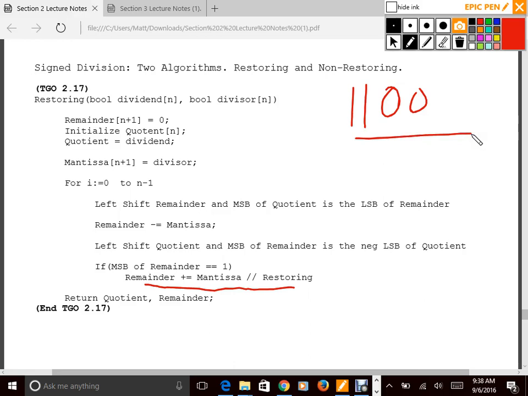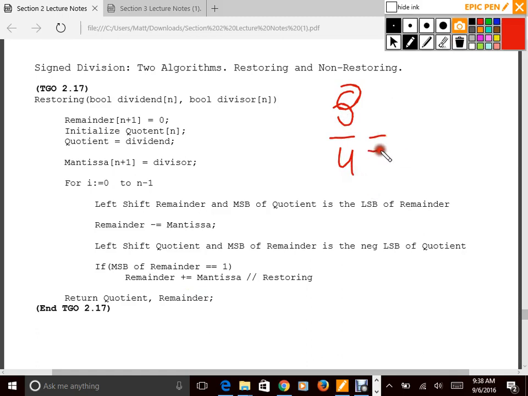So why would a remainder starting with a 1 be bad? I can hear mumbling. Somebody say it confidently. Yeah, it would be a negative number, right? You can't have 8 divided by 5 be 1 with a remainder of negative 3. That's not the convention.